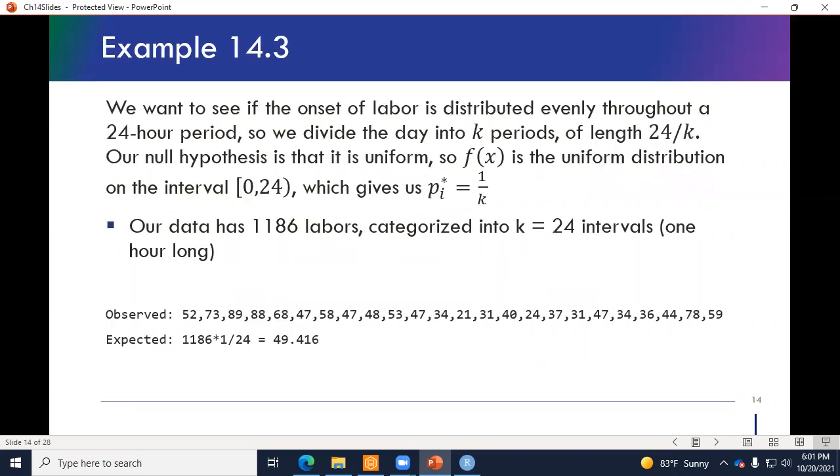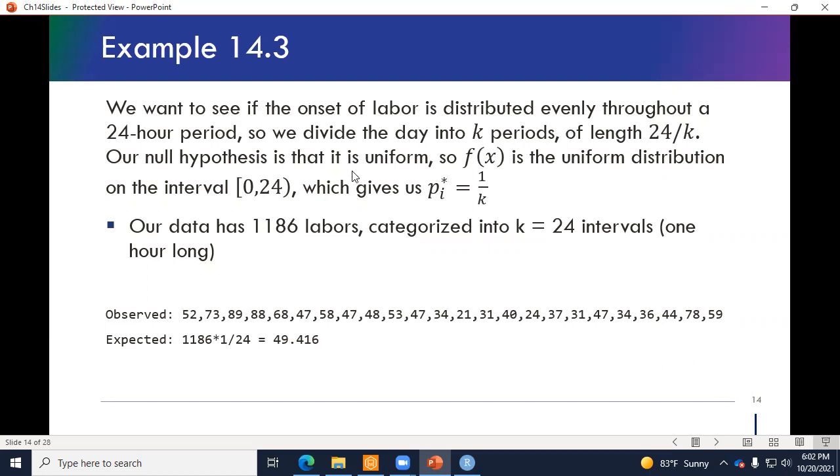And let's see an example for that. This one is for a uniform distribution, which is simpler. We want to see if the onset of labor is distributed evenly through a 24-hour period. So we divide the day into k periods of length 24 divided by k. Here, let's say we use k equal to 24, so basically we divide the whole day into 1-hour intervals.